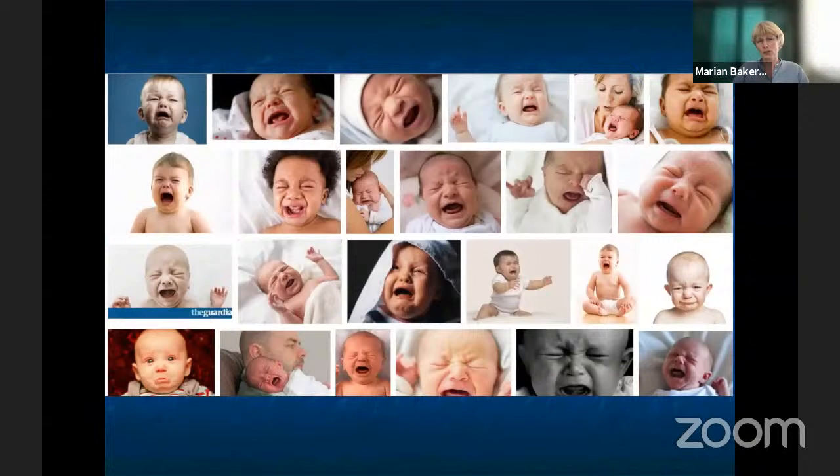Now, if you Google infant crying, this is the result that you get. And it struck me, if you see this series of pictures of crying infants, that it's absolutely clear that they are distressed. But what you miss here is seeing the big eyes of children. And the big eyes of children are what is so charming about them, what makes you love them.